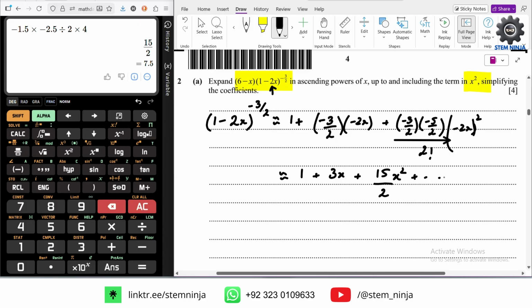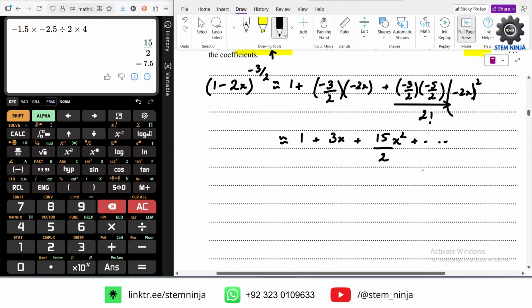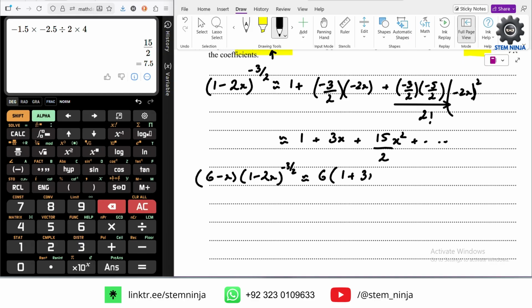Okay, now we need to multiply 6 minus x with it, so (6 - x)(1 - 2x)^(-3/2). This would be 6 times this. Since we need up till the x squared term, so we need to multiply up till the x squared term. Minus x, (1 + 3x + 15/2 x squared).